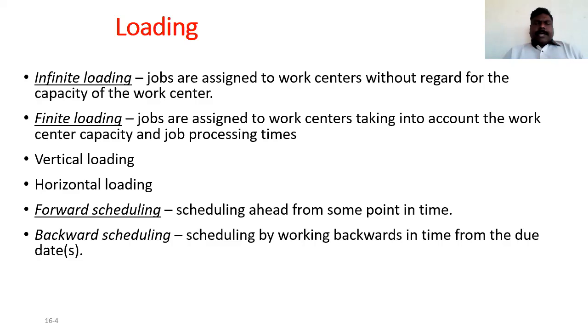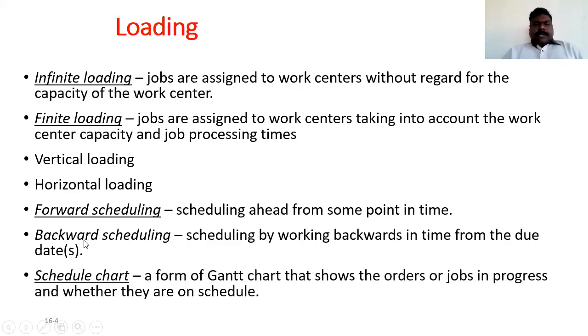So forward scheduling and backward scheduling, along with a scheduling chart. Earlier we saw the Gantt chart. A Gantt chart is a chart where we can see all the jobs which are in progress, and what we have scheduled. In operations management, we use any number of charts, algorithms and flow charts.